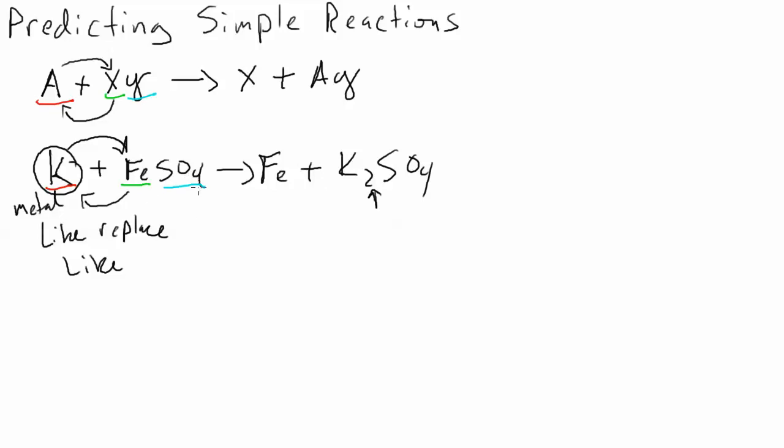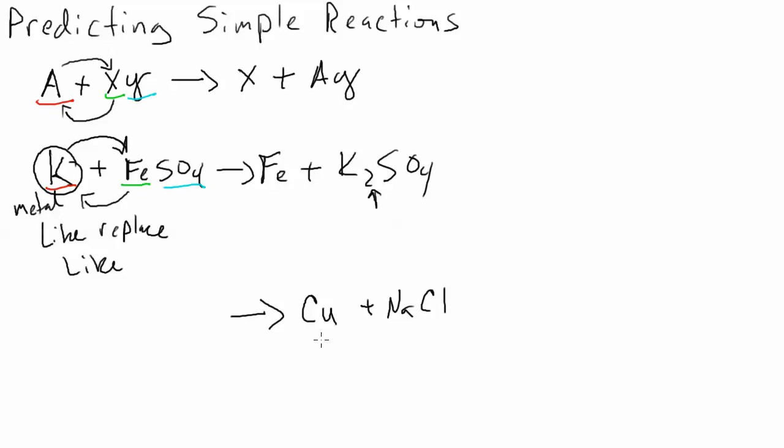If you have the beginning of a single replacement reaction, you should be able to predict the products. Also, if you have the products, you should be able to predict back the reactants. So say I had copper and sodium chloride.